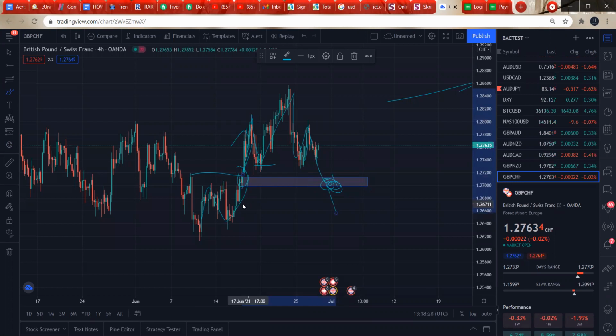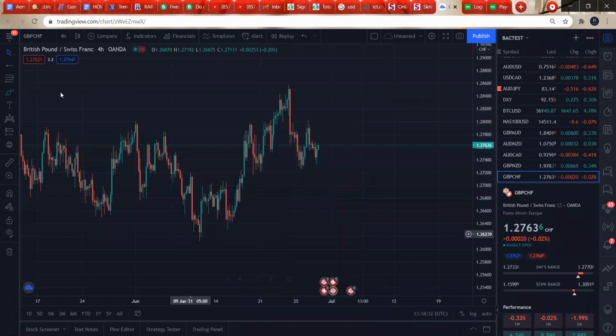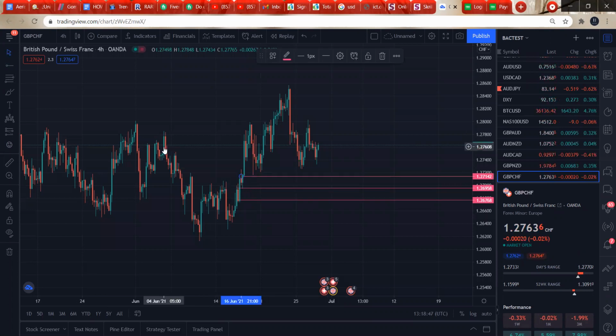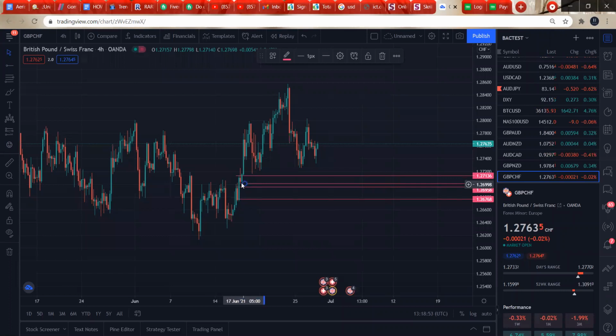So when the head and shoulders formation happens, remove drawings. This order block. Then we have this one. So which one is going to hold? This one. I think this one is going to hold.